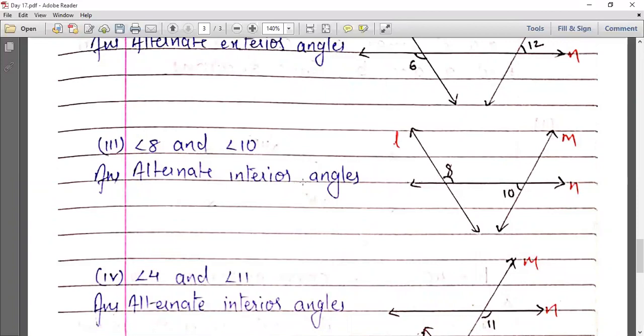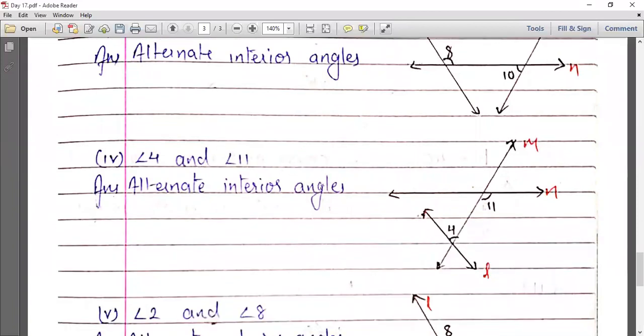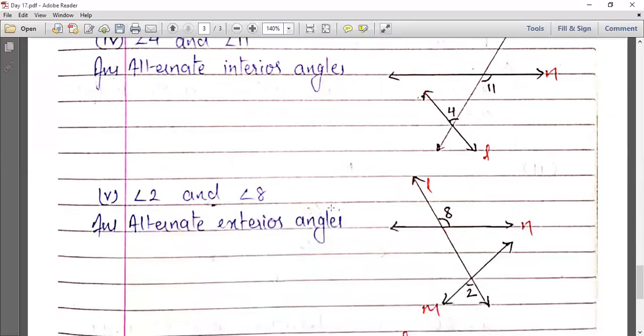Hence, they are alternate interior angles. Angle 4 and angle 11: line L and N will be the pair of lines and M will act as a transversal. Angle 4 and angle 11 are in the interior of the pair of lines and on the alternate side of the transversal M. Hence, these are alternate interior angles.